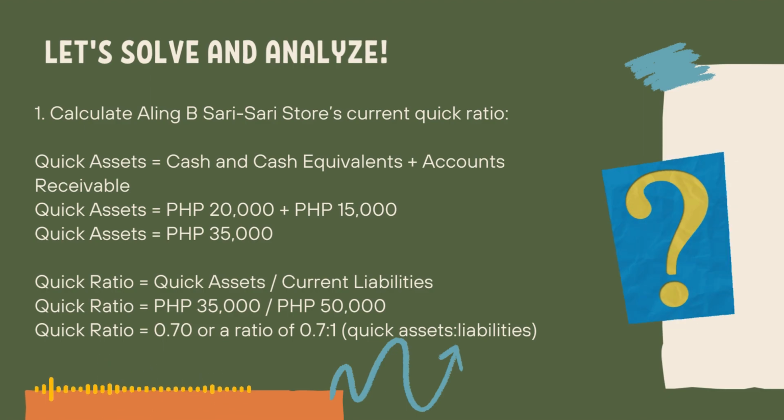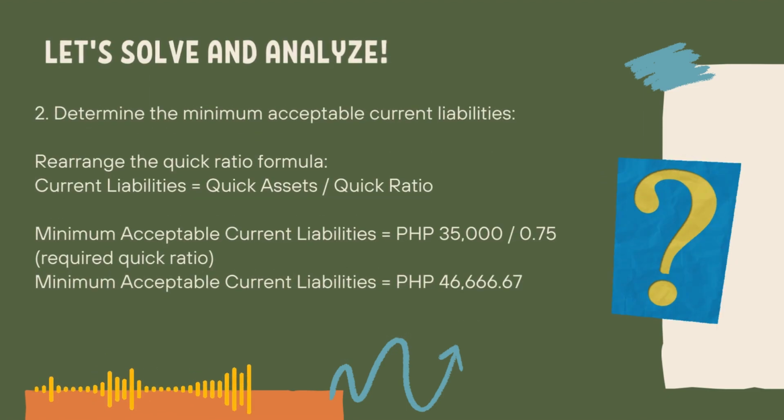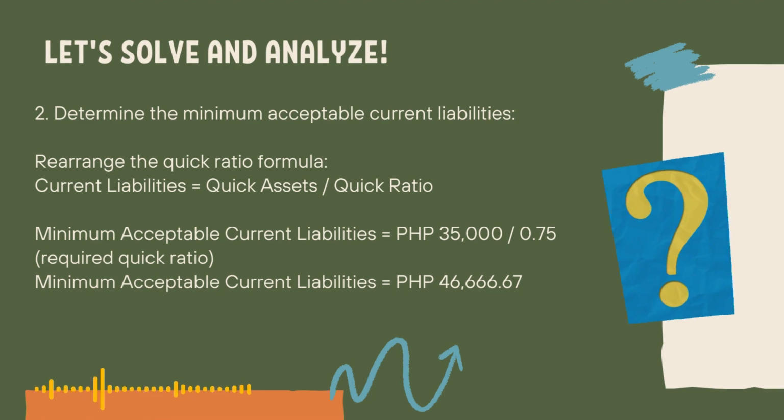for the quick ratio. Okay, so number two, we need to determine the minimum acceptable current liabilities. So we need to rearrange the quick ratio formula. Now, the current liabilities is equal to the quick assets divided by the quick ratio.